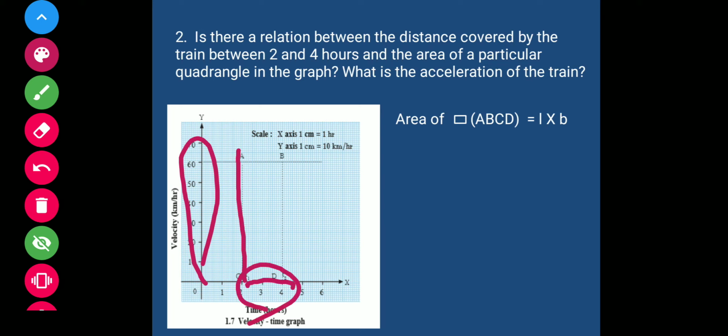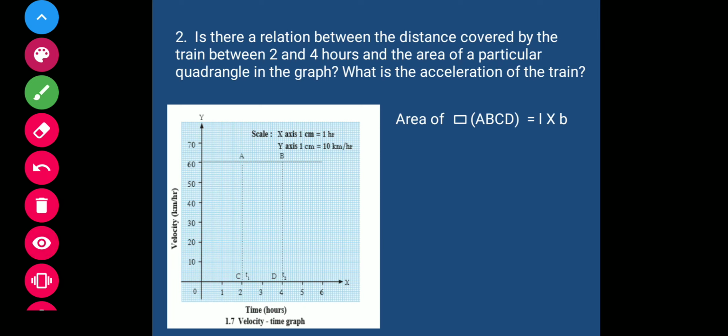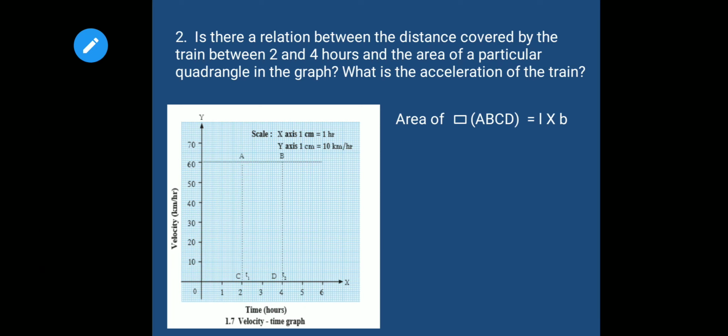Okay. So put the value in the formula. Area of rectangle ABCD is equal to length 60 multiplied by breadth 2 hours. Multiply this, 6 twos are 120 kilometer. Hours will cut. So 120 kilometers.